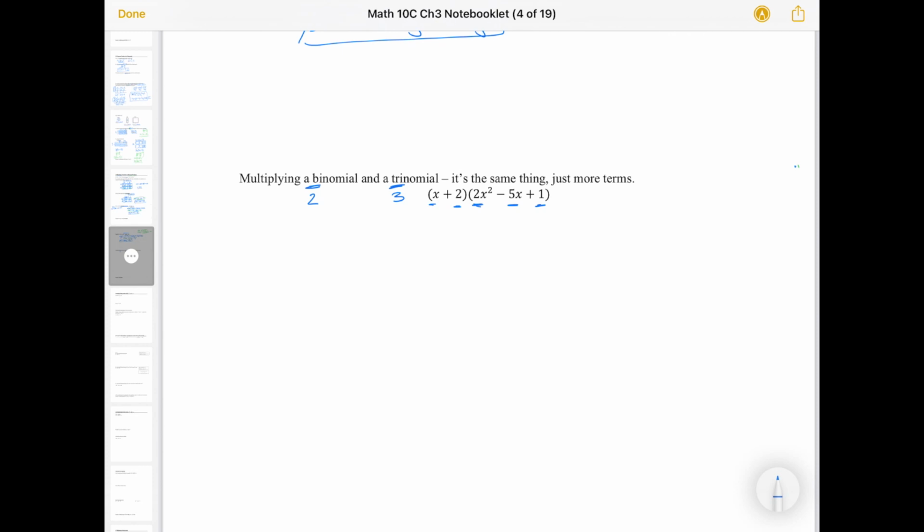So just like before, when we did binomial times binomial, same process to do it by a trinomial or larger. It's just more terms. It's just those more steps. But if I write it again down here, x plus 2, 2x squared minus 5x plus 1.